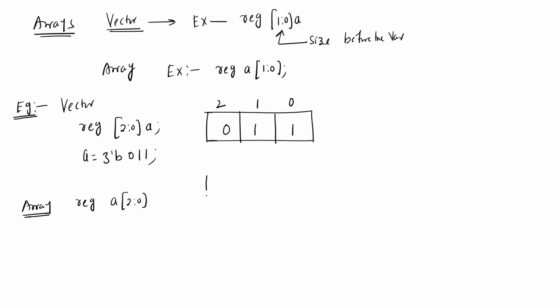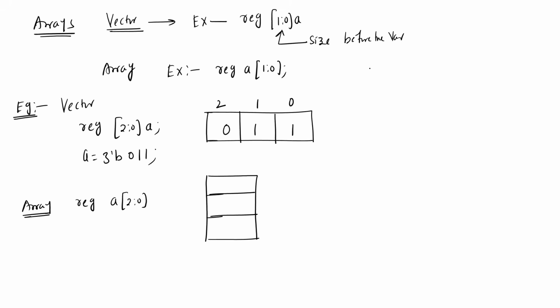It will form three locations vertically. That is the difference between a vector and an array. Each location will be a single bit only.